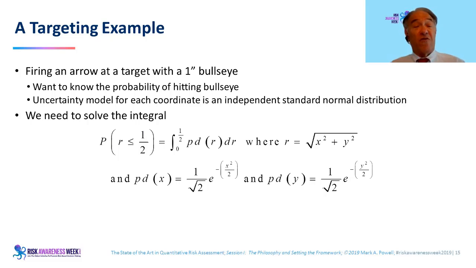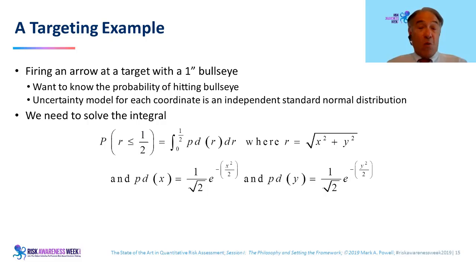And we have an uncertainty model for what the range is from the center of the target. But we know that the range from the center of the target is equal to the square root of x squared plus y squared. And we have modeled our uncertainty about x and y, where it's going to land, as standard normal distributions.